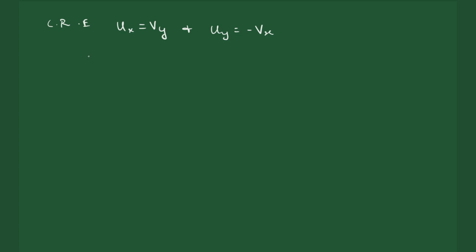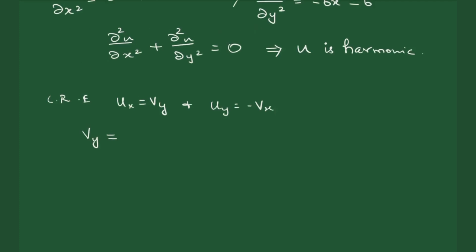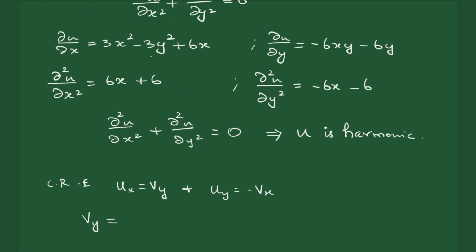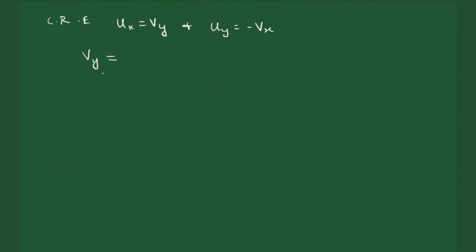So Vy can be written as ux. Here ux is 3x square minus 3y square plus 6x. We write this as Vy.